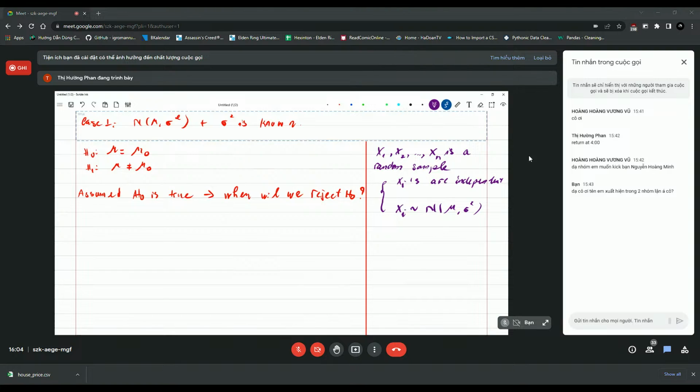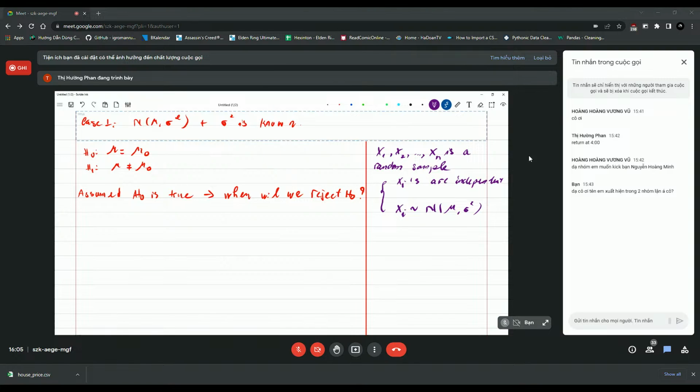The random sample means that the given n observations must be chosen randomly from the same population. The same population means that each of them is a random variable with the same distribution. Here, because we are assuming the population follows a normal distribution, it is equivalent to say that each Si also follows a normal distribution.